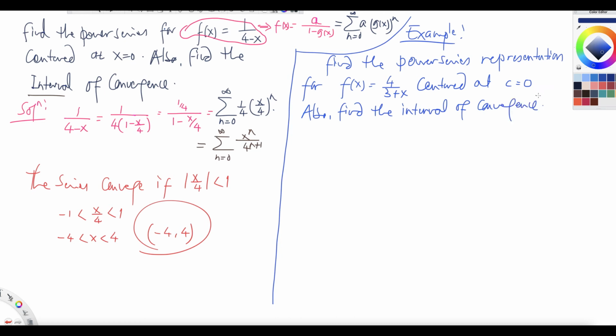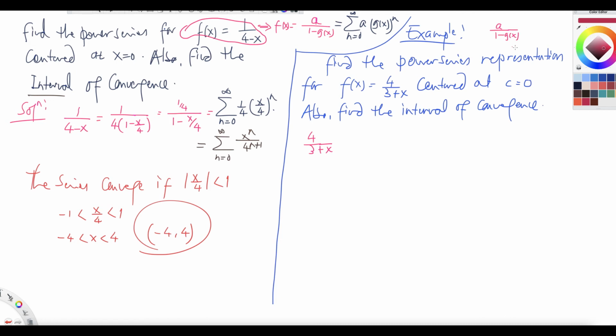Okay guys, all right, let us do the same technique. So we have 4 over 3 plus x. Now our goal is what? We want to write it in the form a over 1 minus g of x, because we want to write it as x minus 0 kind of format, since the center is 0.